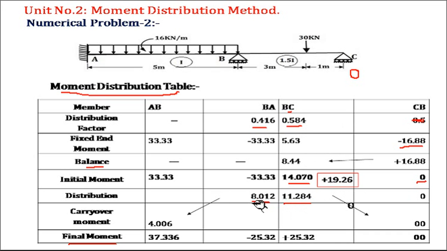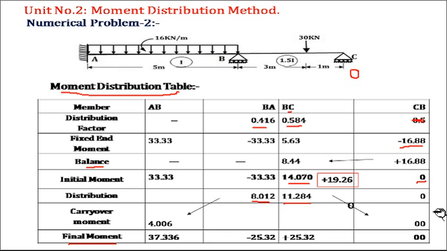Now this distributed moment is to be carried to the far end. It depends upon the condition. From B to A, the far end is fixed. As the far end is fixed, the carryover is allowed, and that is 50%. So half of 8.012 is 4.006.